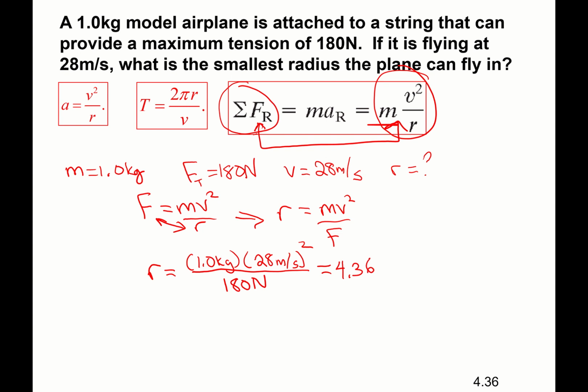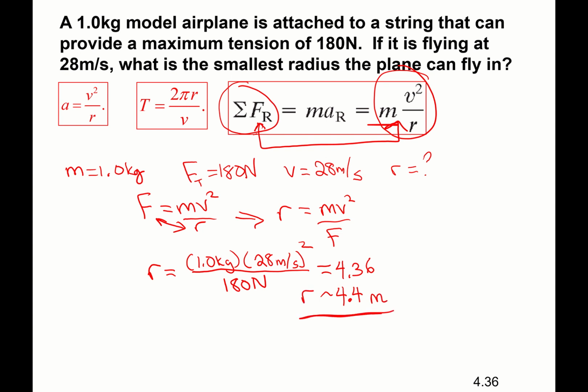Now I've done the A, so I've got to do the L, look at the number. I could go to 2 sig figs, 4.4, and it's a distance, so that's meters.